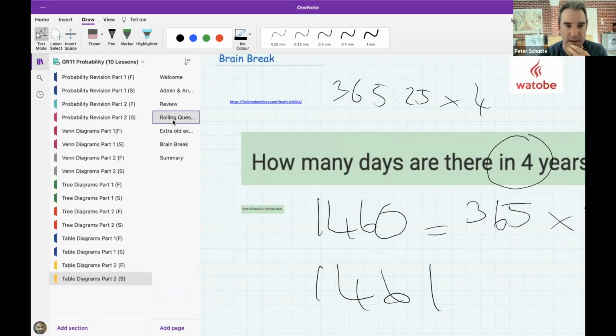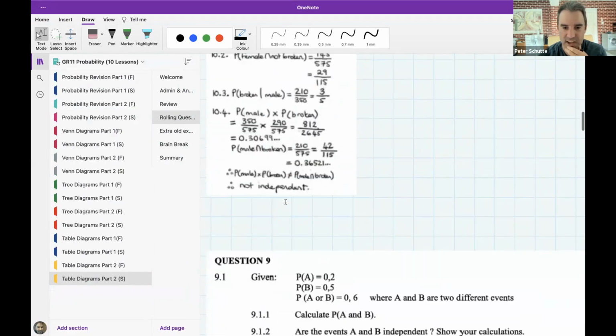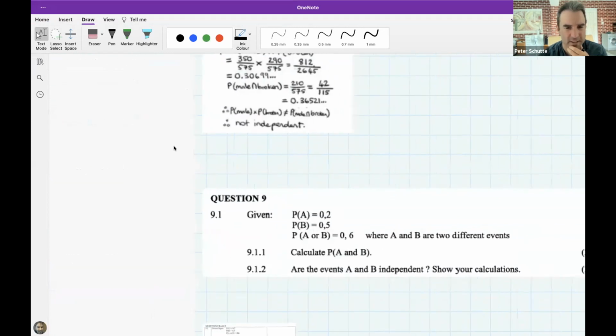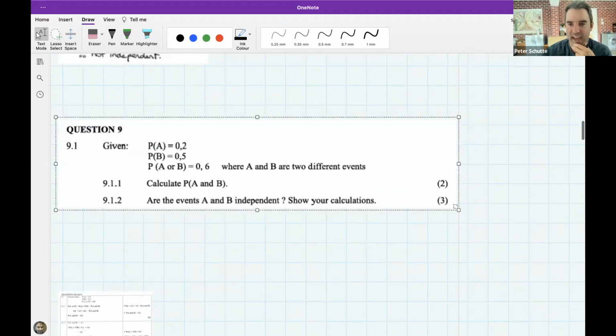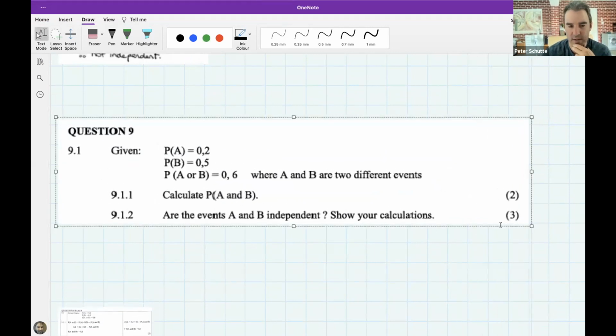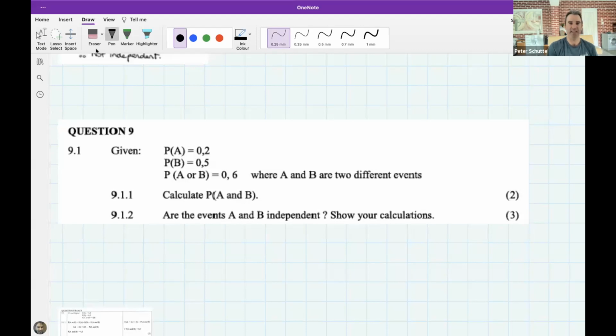Okay, so let's go back to our questions, but let's change the type of question we ask. Little bit sneakier. So this is an old exam question where it's definitely got independence flavoring, definitely the word independent, but there's no table.